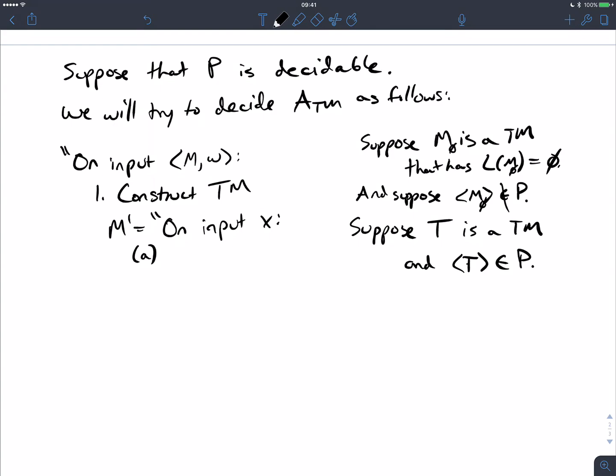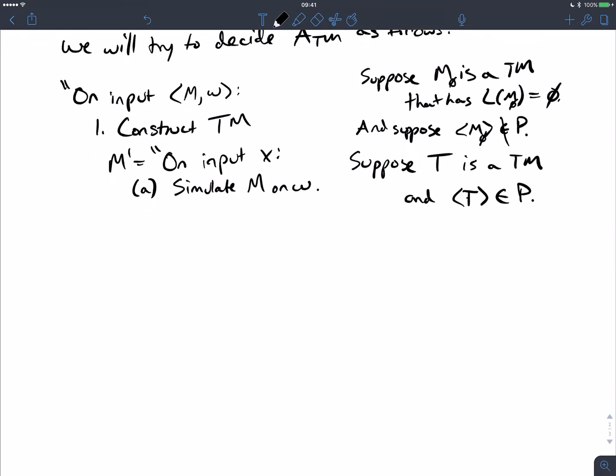So if M does not accept W, we're going to have it behave like M sub empty. So what we're going to do is simulate M on W. If M rejects W, we're going to reject X.